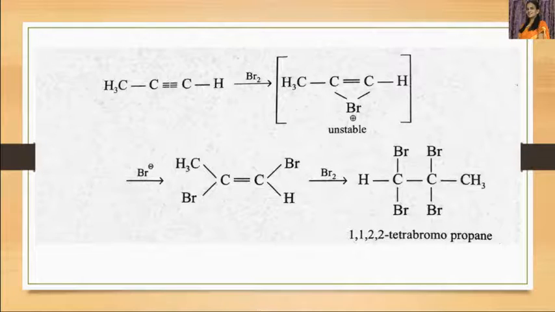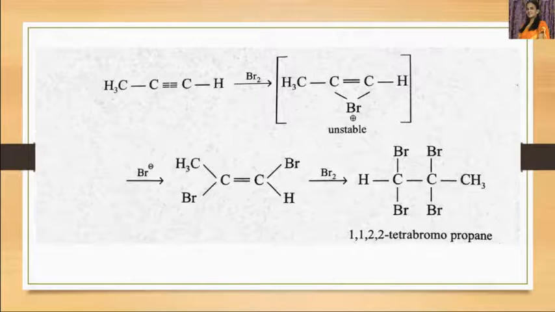We start with a three-carbon alkyne, that is propyne, treated with bromine. This bromine forms a cyclic transition state which is unstable. You can see here one bromine atom goes and attacks; a bond is formed between this carbon and bromine. So a three-membered cyclic transition state is produced, which is unstable, and one pi bond is broken.